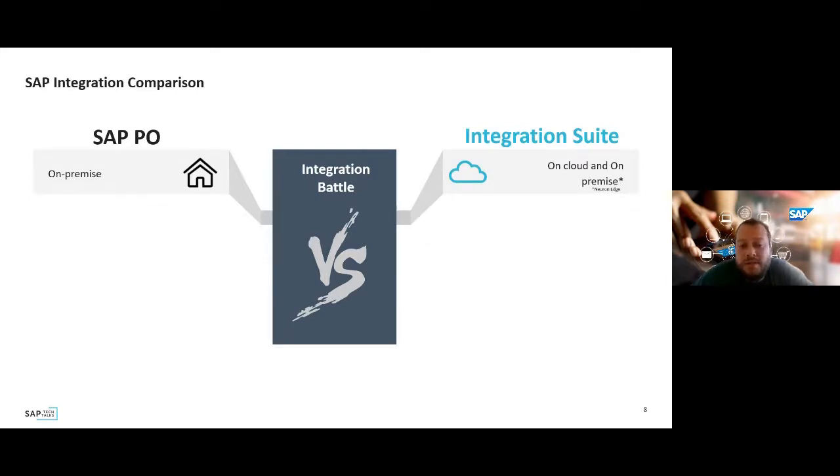But recently, something like 3-4 weeks ago, SAP delivered or proposed the Neo Edge, a technical component to also handle the Integration Suite in an on-premise way. We will talk a little bit about this in future slides.